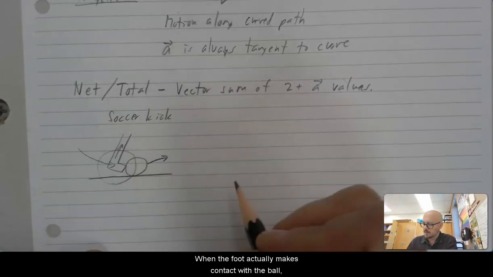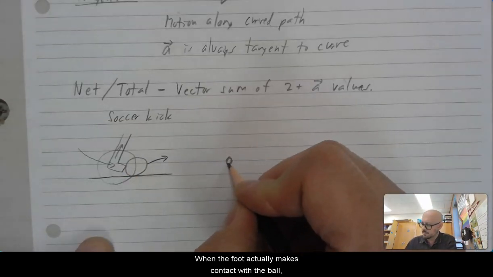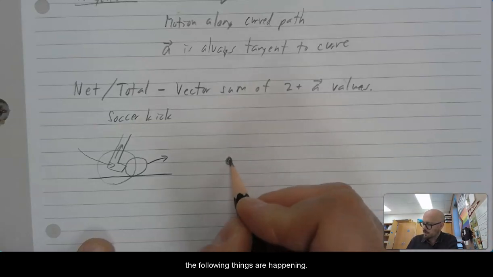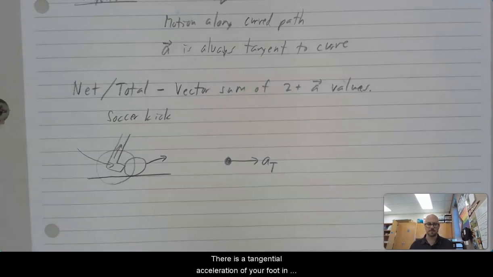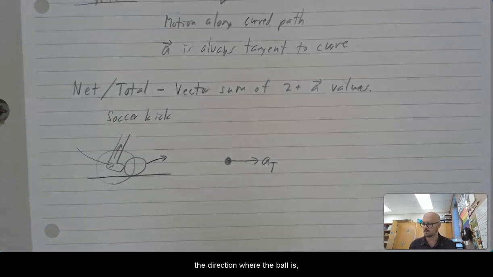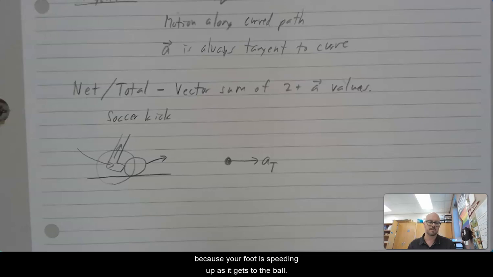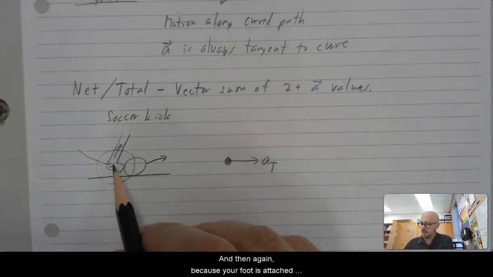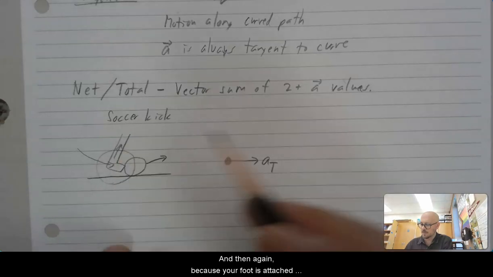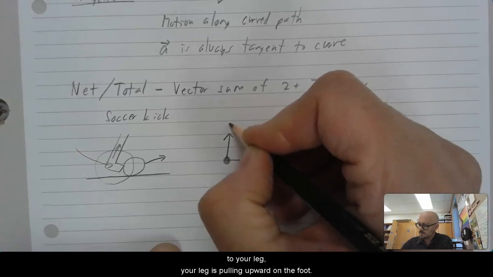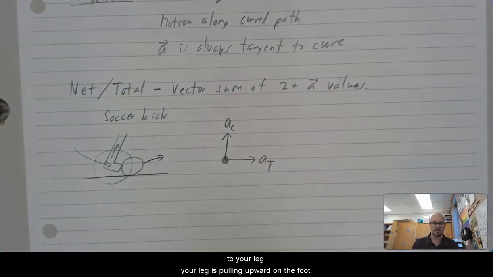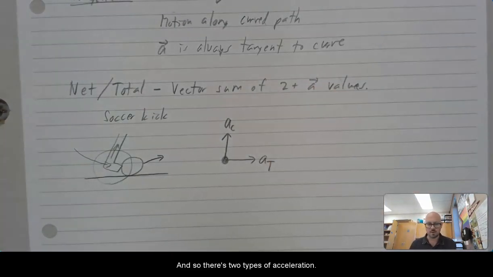When the foot actually makes contact with the ball, the following things are happening. There is a tangential acceleration of your foot in the direction where the ball is, because your foot is speeding up as it gets to the ball. And then again, because your foot is attached to your leg, your leg is pulling upward on the foot. And so there's two types of acceleration.